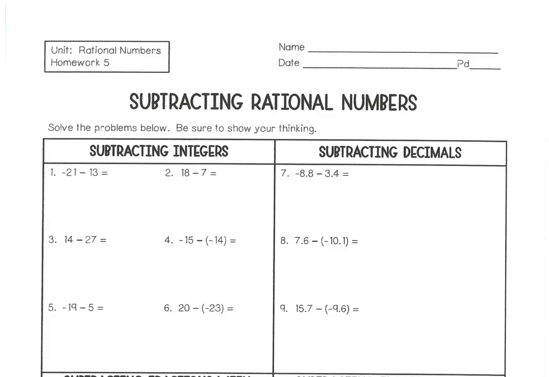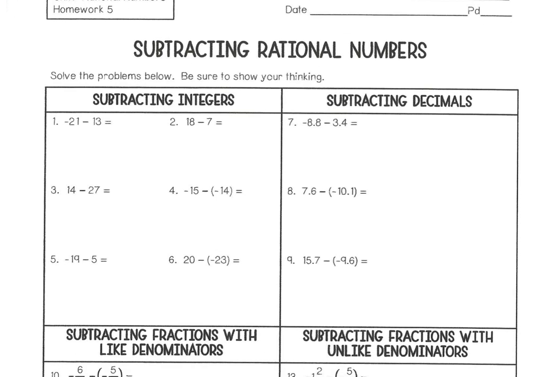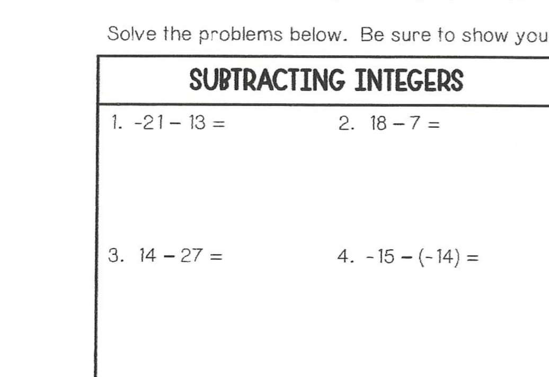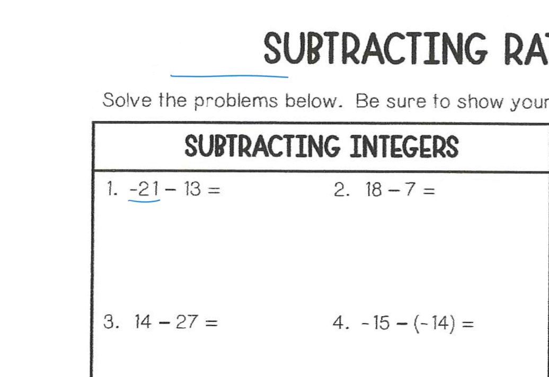All right, subtracting rational numbers, same idea here. You're really looking at these as negative 21. So if I think about my number line and I'm at negative 21, if I subtract 13, I'm going to go left 13.